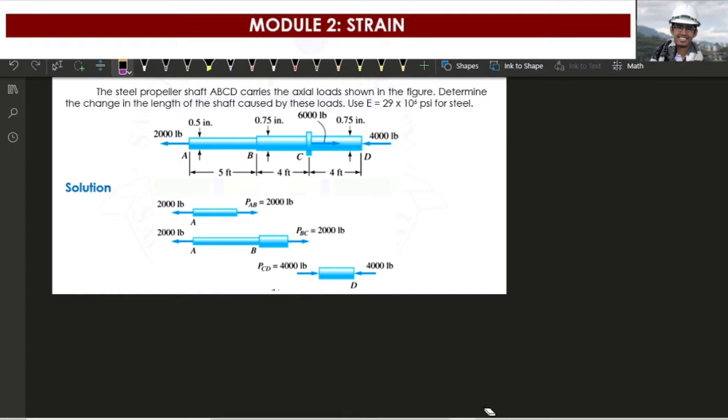Okay. Before we solve it, let us derive the formula that we will use. Determine the change in the length of the shaft caused by these loads.